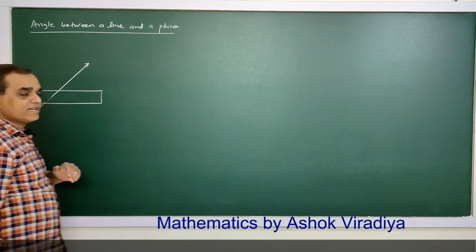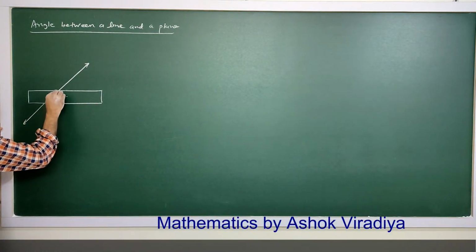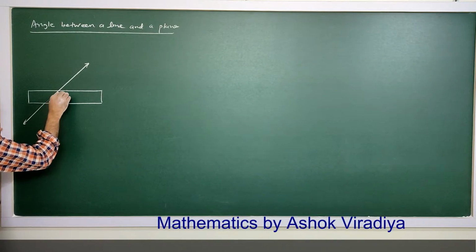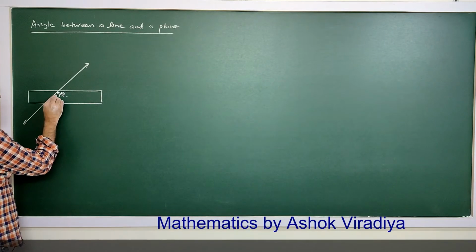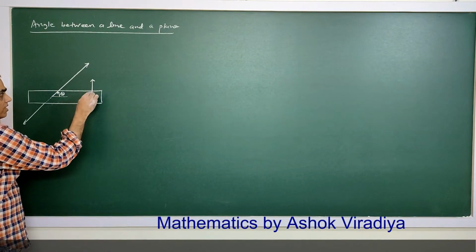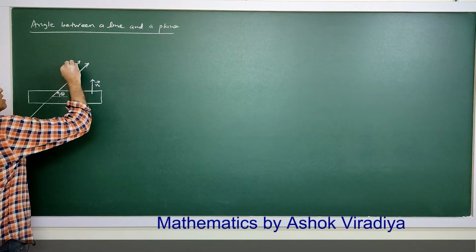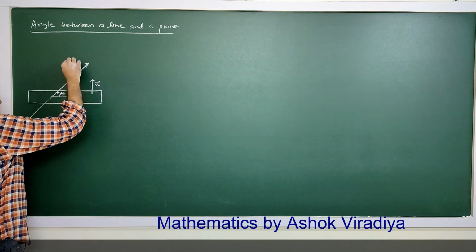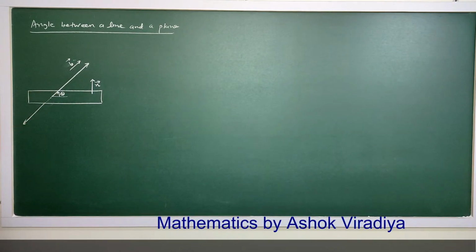Angle between a plane and a line, that means it is an acute angle which is formed at intersection point. So this angle, to find this angle, we will use normal to this plane. Say normal is, this vector is normal and this is vector B. It is a direction showing vector, direction of line. So using these two vectors we can find angle between line and a plane.